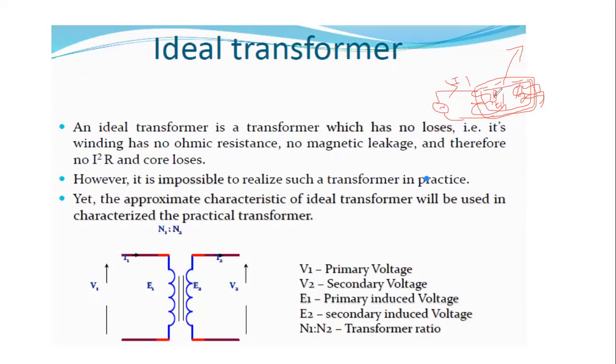Why is that leakage of flux obtained? Because when we use the rectangular core, some leakages are obtained. Therefore the flux changes from phi1 to phi2.